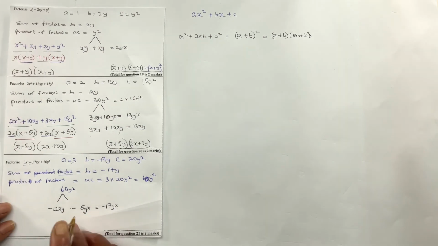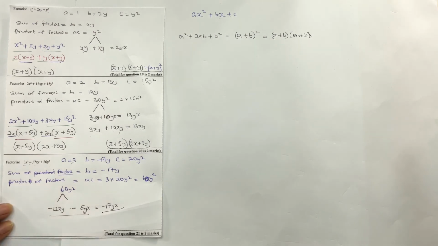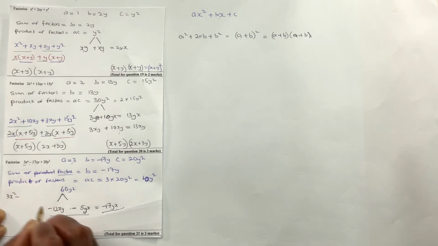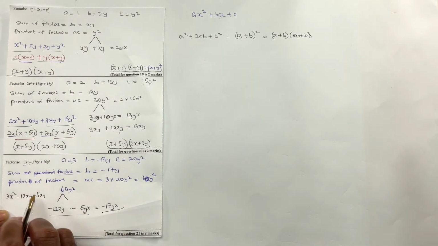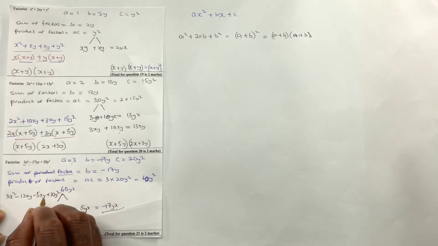So what I need to do now is replace the 17y with that here. So if I write 3x squared minus 12xy minus 5xy, and that's minus 17xy, plus 20y squared.